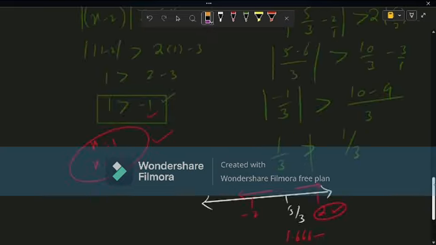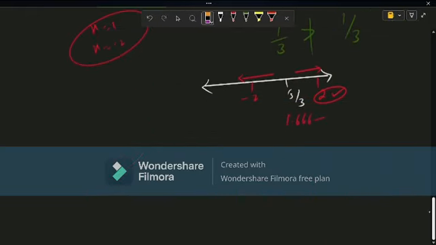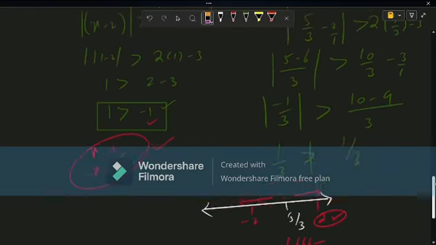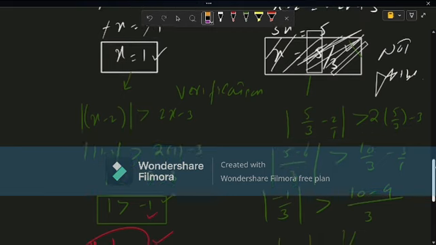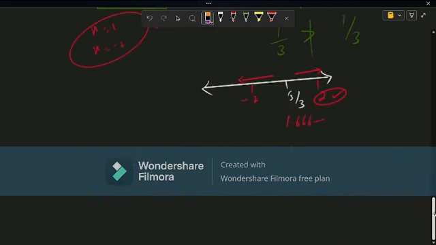So I have only two answers that are possible here: one is x equals 1 and the other is x equals minus 2. So the answer for this question as a whole would be all the values of x that are less than 5 by 3.